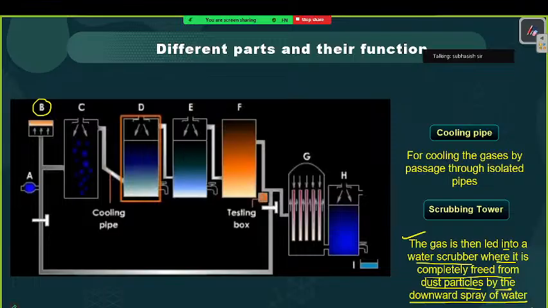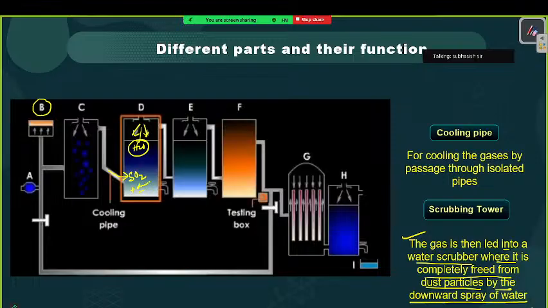Now here you see that sulfur dioxide along with some dust or arsenous oxide, after cooling, comes to this particular container, and there a downward spray of water from above confirms that if at all there are some sort of dust particles present, then those dust particles should be removed by this step.